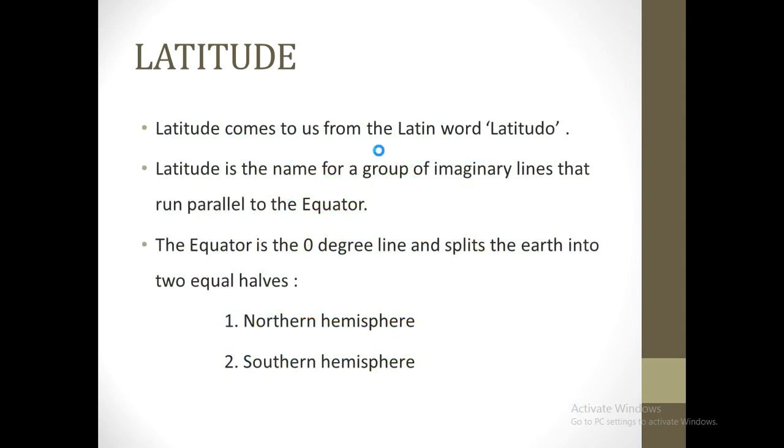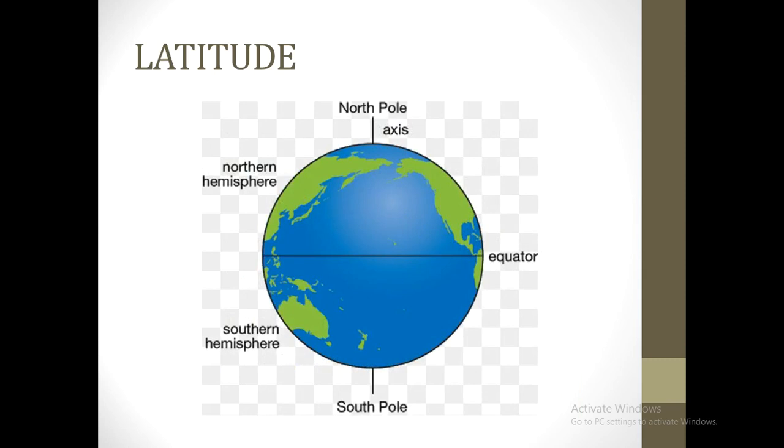A circle drawn over the earth's surface exactly at equal distance from the North Pole and South Pole is called the equator.